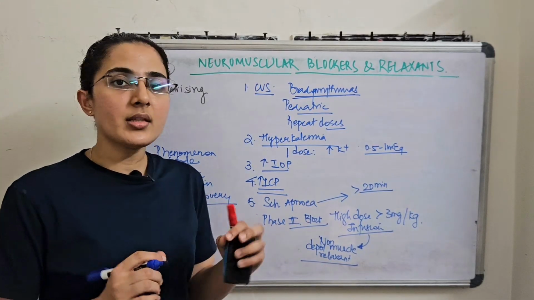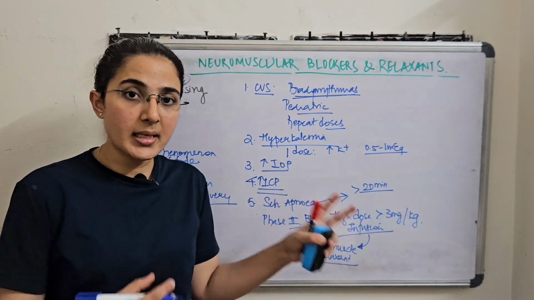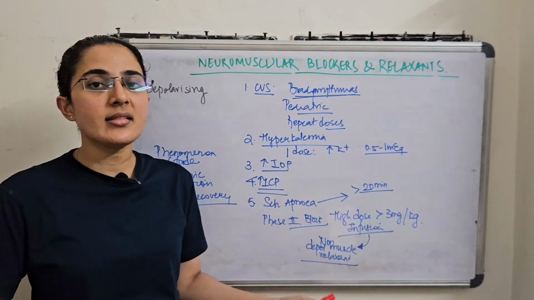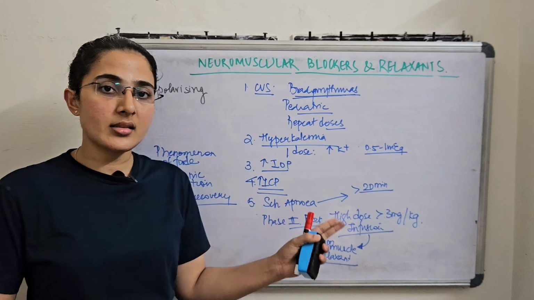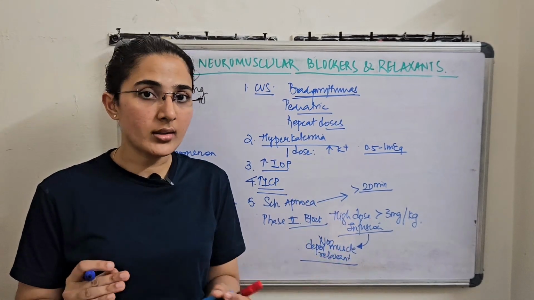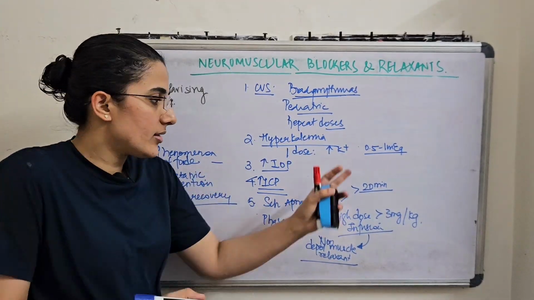Sometimes it has been noted that because it's very close to the activity of a non-depolarizing muscle relaxant, it gets sometimes antagonized by an acetylcholinesterase inhibitor like neostigmine, but not always.